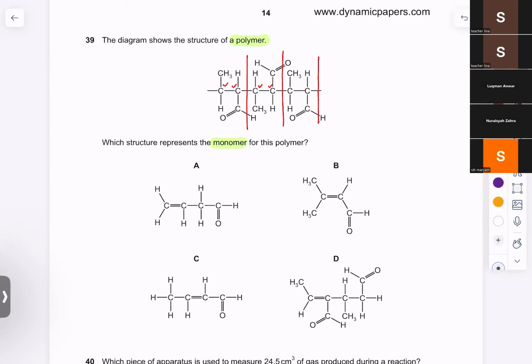If it is a polymer, you take the two carbon and cut. After that, you look at which one is a copy. So supposedly, teacher draws back CH3, CH, and then C, H, double bond O, and then H.